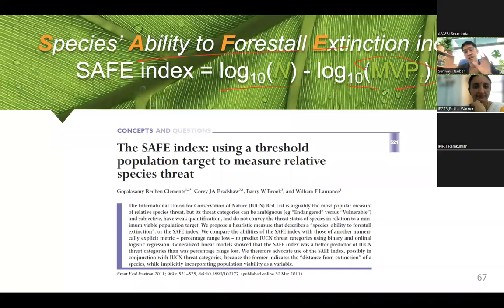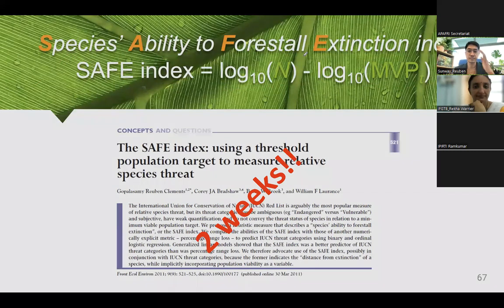So these are all formulas that we came up with. Within just 2 weeks, we managed to publish a paper. So just because of one observation of an elephant skull that triggered us to ask how far species are from extinction, what's the ability to forestall extinction? We came up with the index in just 2 weeks.